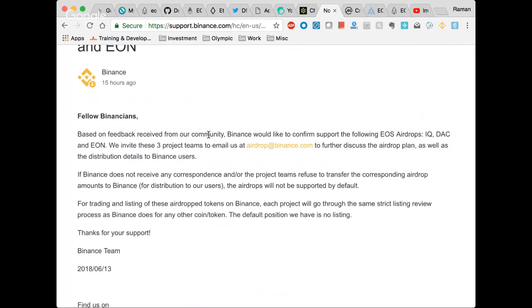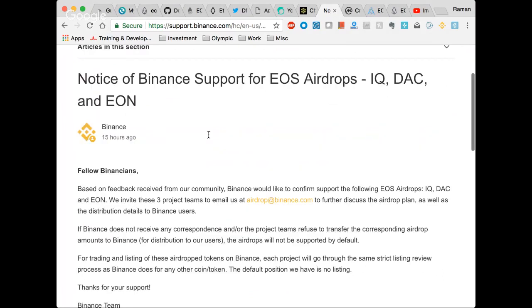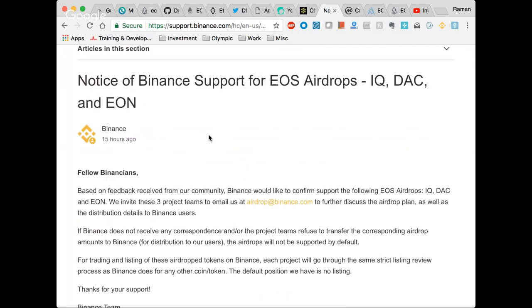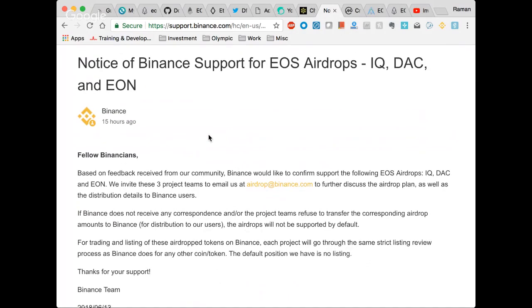I have nothing to say about exchanges, because there is very limited information on how they are deciding on airdrops, whether it will really happen. Even Binance is saying that they are opening up these airdrops, but they don't know whether each of these projects will support them. They are putting the responsibility on the projects. So this is how it's going to be.